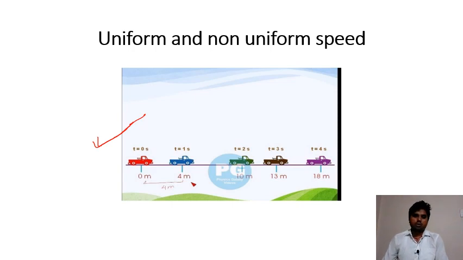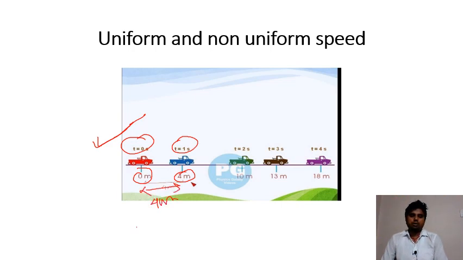Okay students, so we can see that at the time of 0 second the car was at 0 meter. Now at the time of 1 second the car is at 4 meter. So the distance traveled by the car is 4 meter in 1 second.